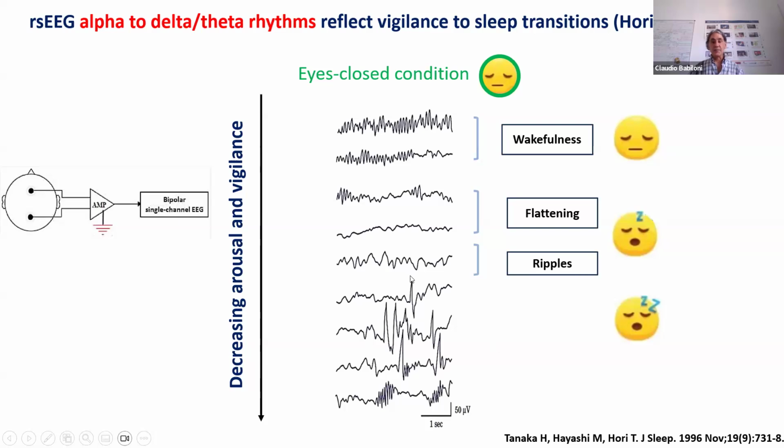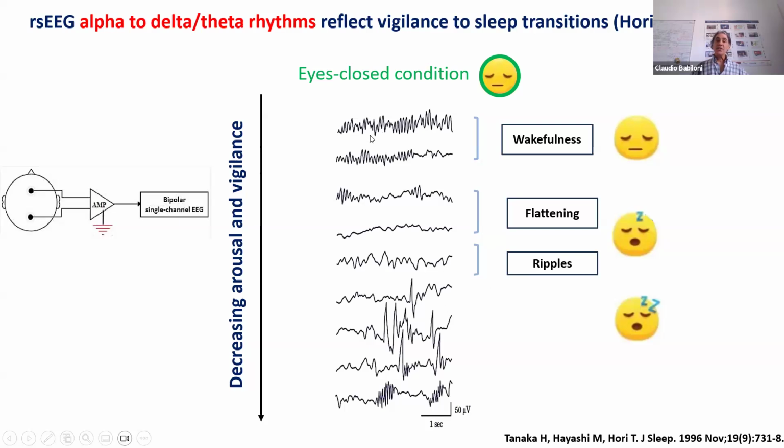And so you see in this picture, with these Hori's stages of the transition from quiet vigilance to sleep, that just from one recording channel from the scalp, you can follow the fine changes of the vigilance in the transition to sleep.